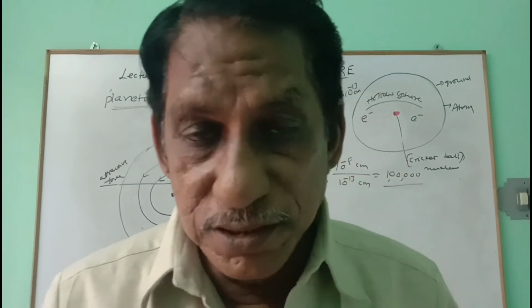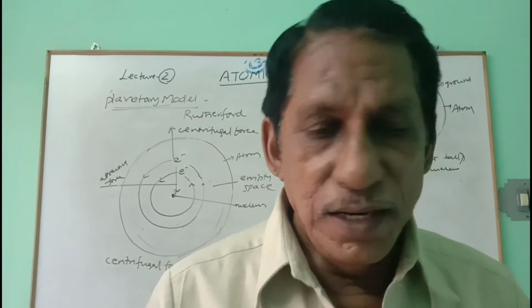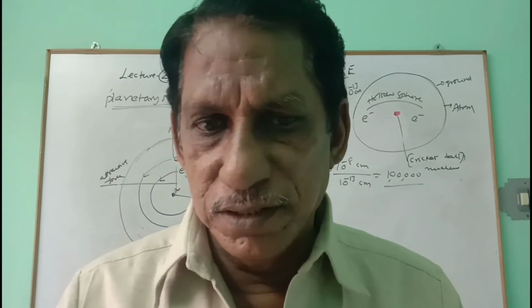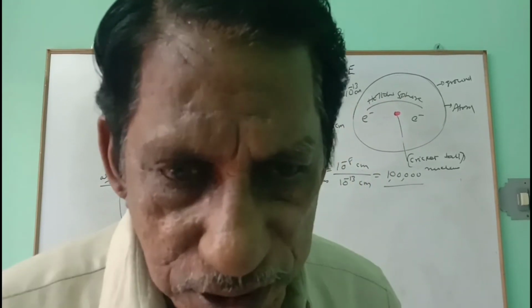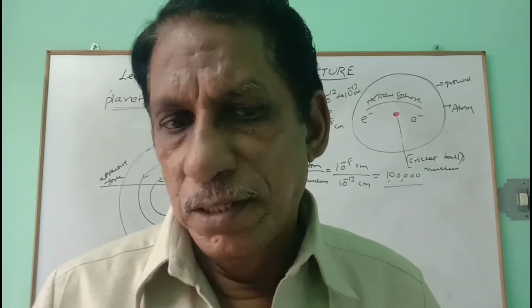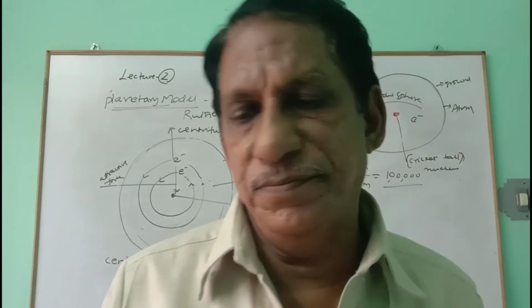Why? Because at that time there is a classical theory, according to which when a charged particle is revolving continuously in a charged field, that particle has to lose energy continuously.